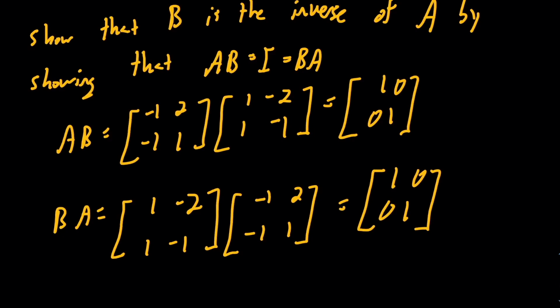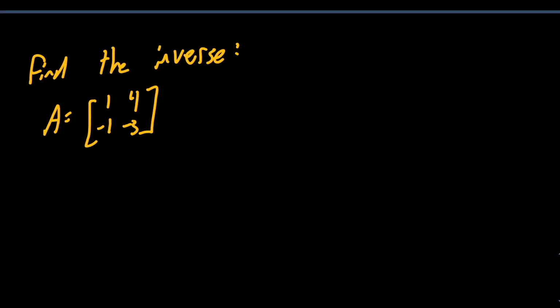And as a result, we have proven that AB is equal to BA, which also equals the identity matrix. Now what happens when we're given one matrix and we're supposed to find the inverse of that same matrix? What do we do?